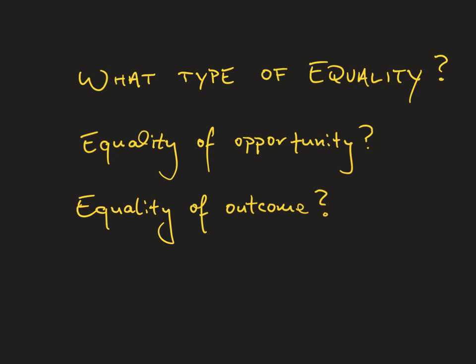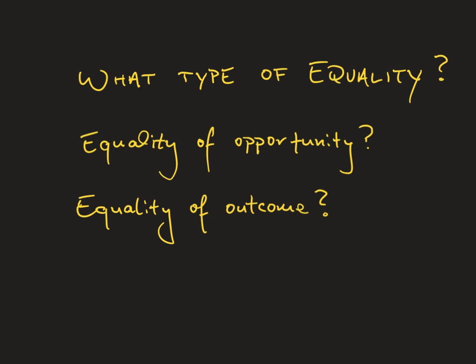Now, I think many people, when presented with a choice, say, oh, equality of opportunity is really the fair concept. Equality of outcome is unfair because part of the differences are due to choices people made, such as how hard to work in life, how much to invest in their careers.